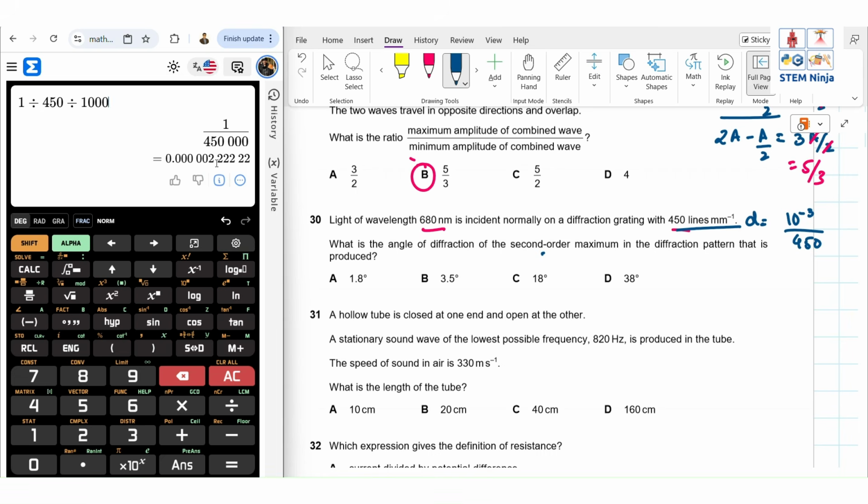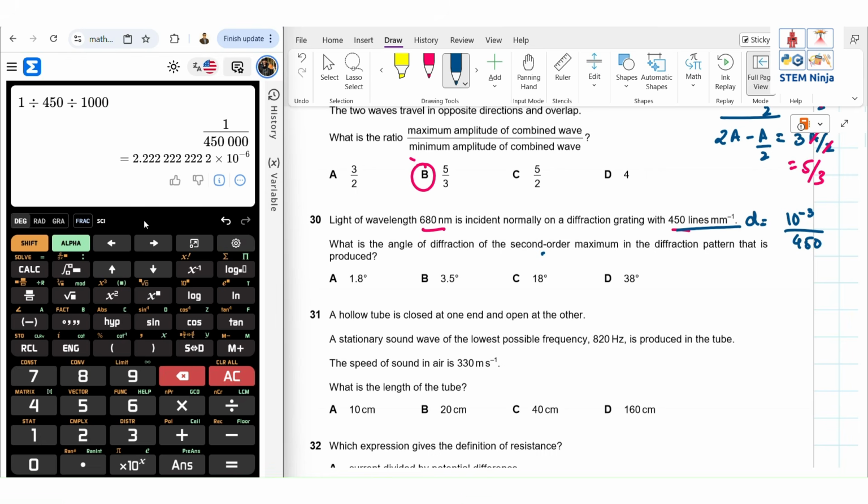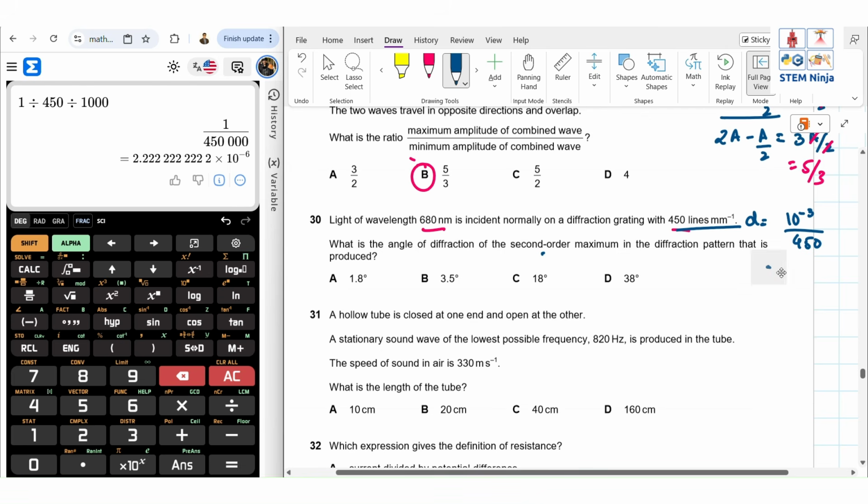So in standard form, that is 2.2 times 10 raised to the power minus 6 meters. And 680 nanometers, you can convert into meters simply.